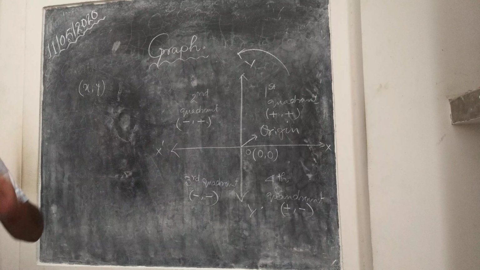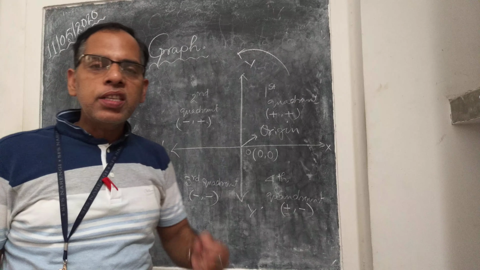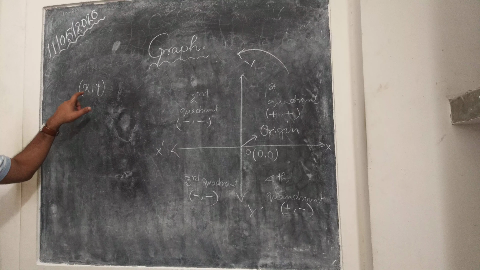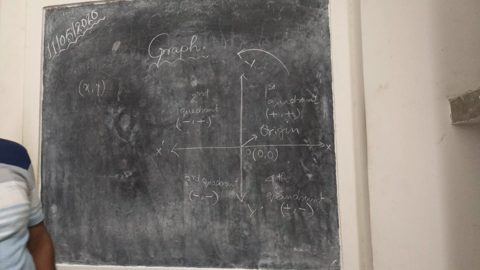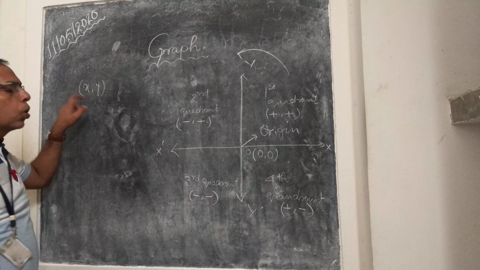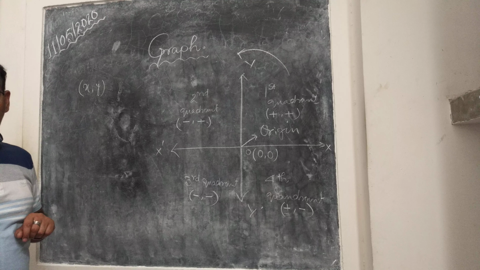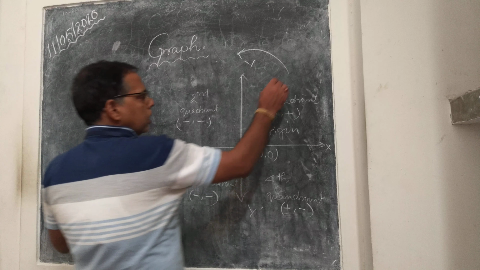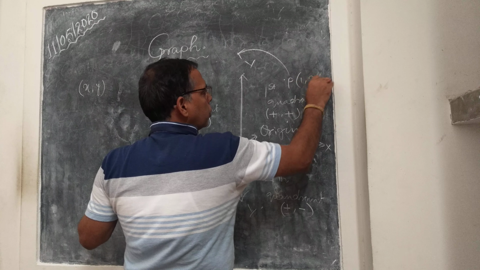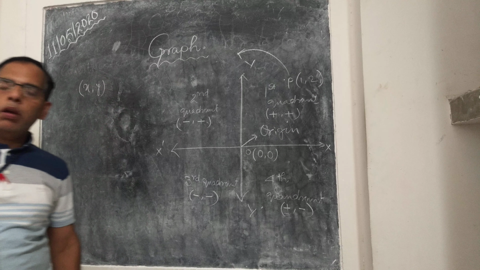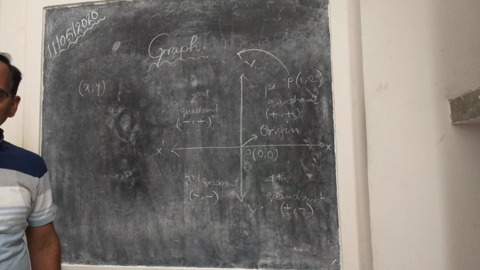Please remember, in the English alphabet x comes first, then y, so here also x is first, then y. That's why it is ordered, and pair means two. It is also known as the coordinate of a point. Suppose this is a point, and if I write 1, 2, this is the coordinate of point P, (1, 2).